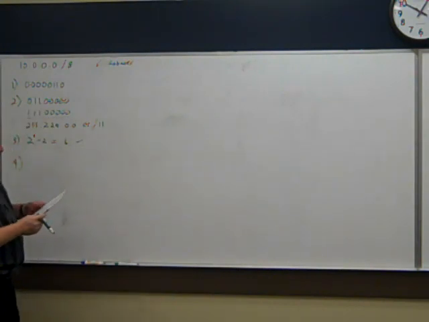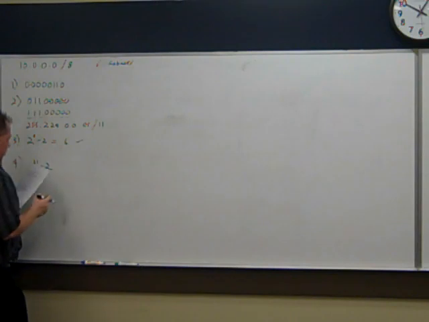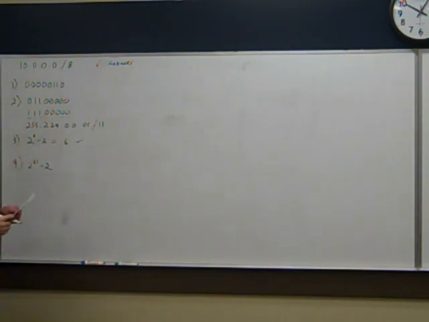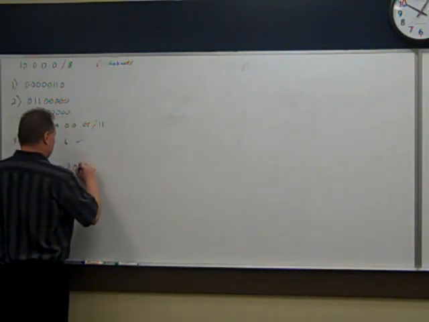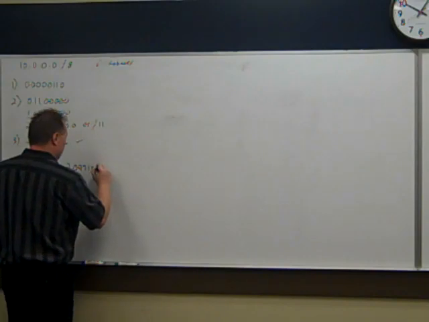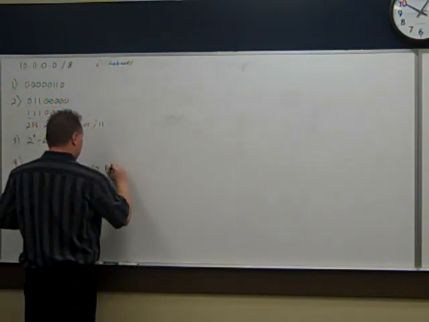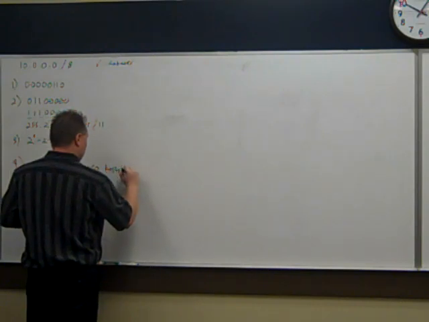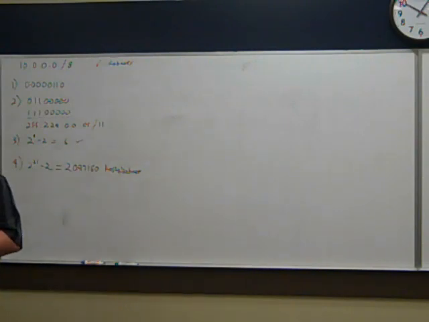So that gets us a pretty big number, 21. 2 to the 21st minus 2, 2,097,150 hosts per subnet. That's one really big campus network.